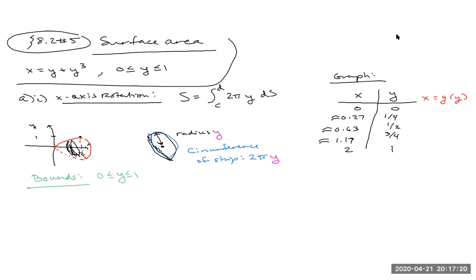All right, now the next part, ds. Let's use dark green.